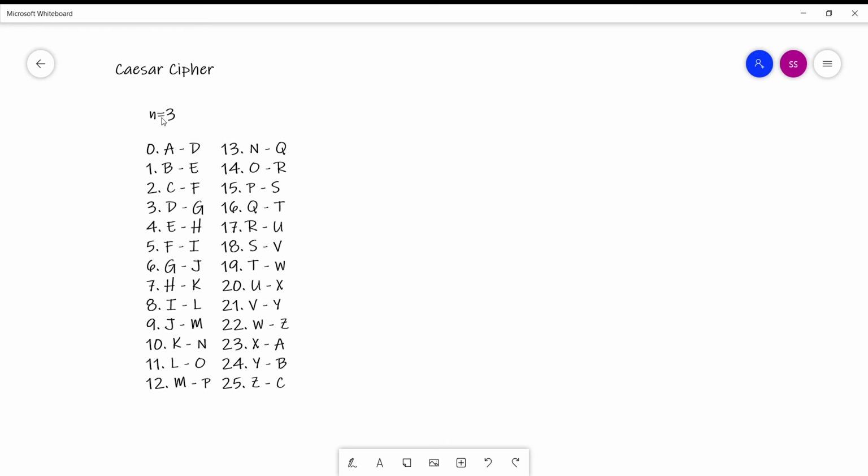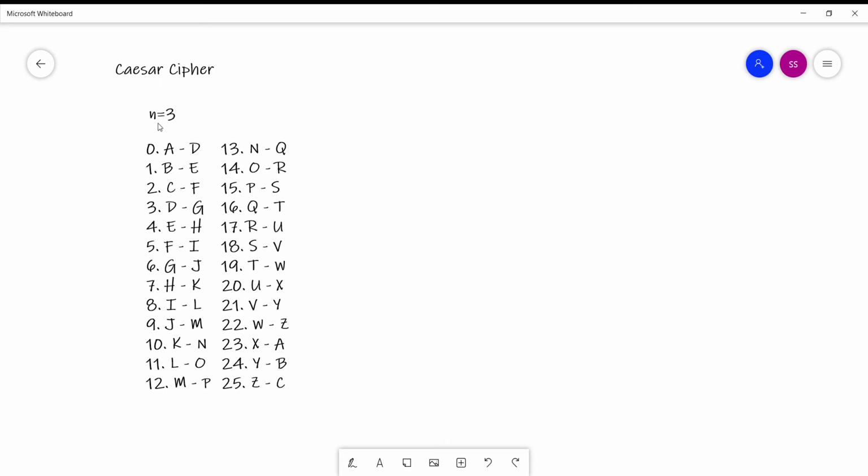So for n equal to 3, a will be increased by 3, that is to d. a's value is 0. If you add 3 to 0, it will become 3, that is d. So a will be shifted to d. In this Caesar cipher, n is constant for every plaintext to be encrypted.